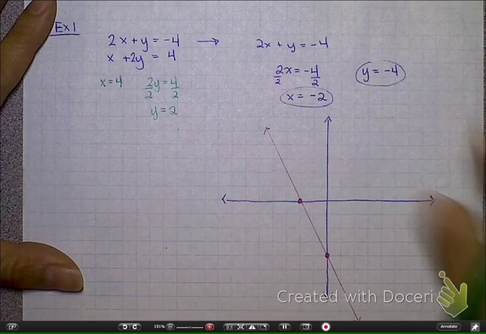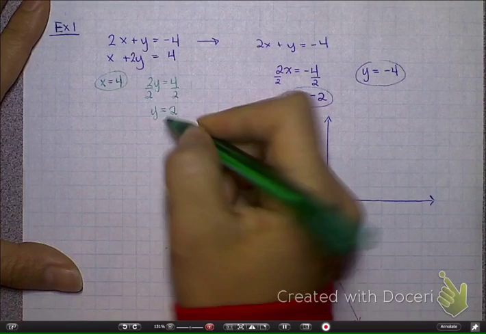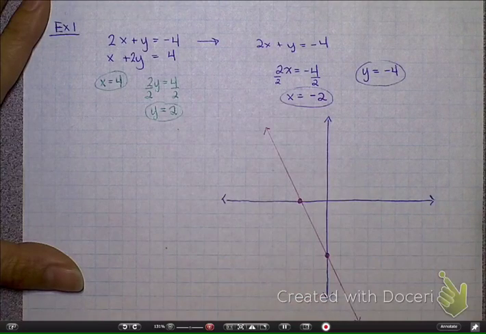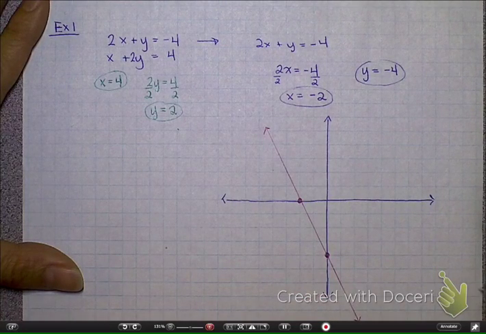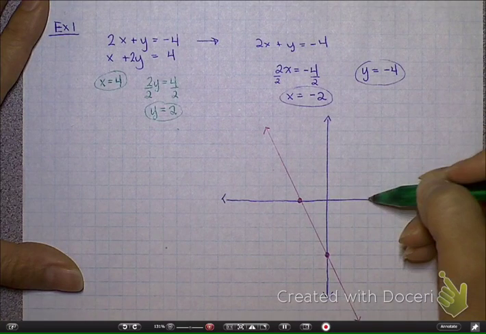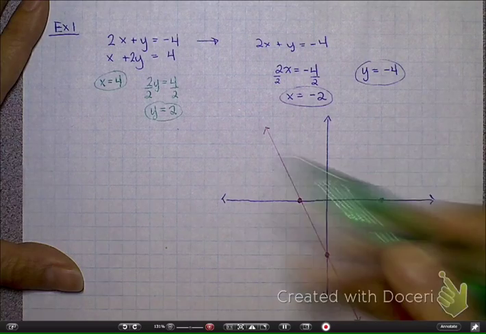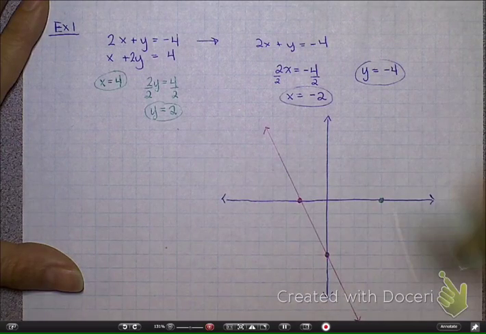All right, so let's go ahead and graph those 2 intercepts. I have my x-intercept and I have my y-intercept, so I'm going to graph each of those. So on the x-axis, I'm going to go over to +4, so 1, 2, 3, 4. And on my y-axis, I'm going to go up to +2, 1, 2.